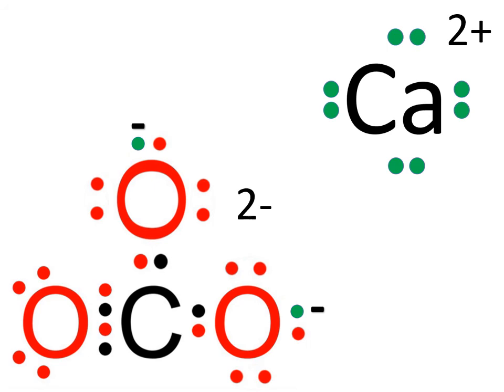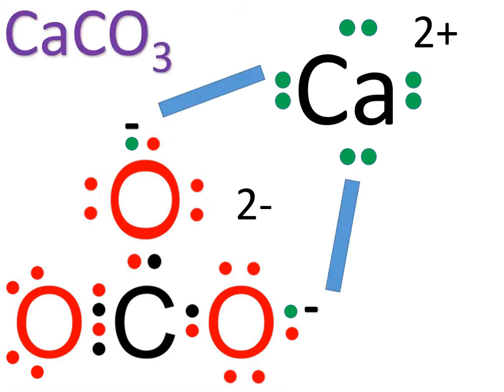Calcium doesn't want them anyway in its outer shell, it wants to lose those 2. So by losing those 2 outer electrons, the calcium atom becomes a positive ion. It's then attracted to the 2 oxygen atoms that have gained its electrons, as they're both negatively charged. Again, we formed an ionic bond and produced a new molecule, calcium carbonate.